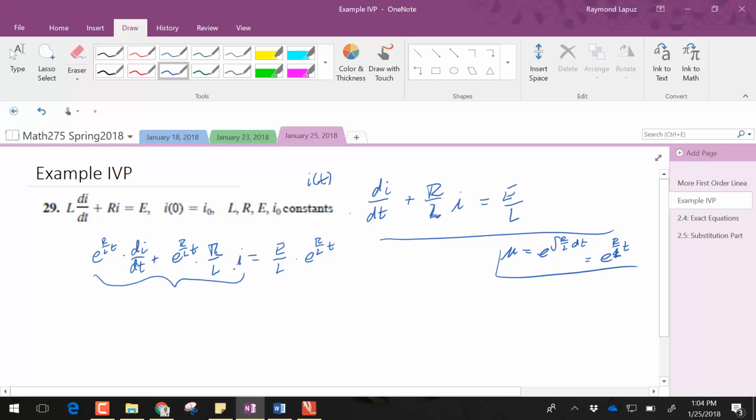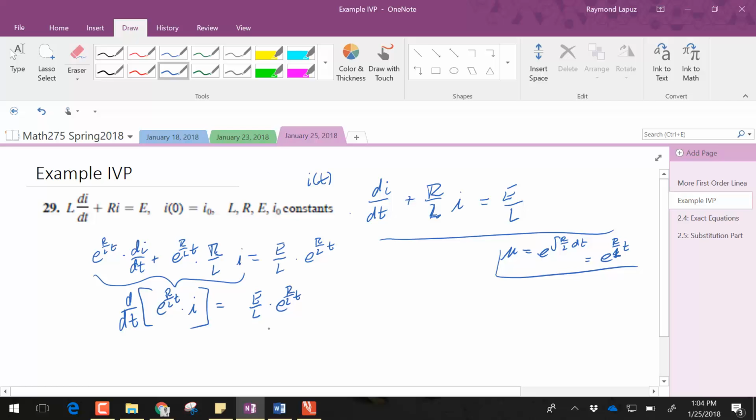Okay, left-hand side is a product. e to the R over L t times I is equal to, and then the right-hand side, oops, let's write d/dt of the left-hand side of the product. And then the right-hand side is just that, E over L times e to the R over L t.